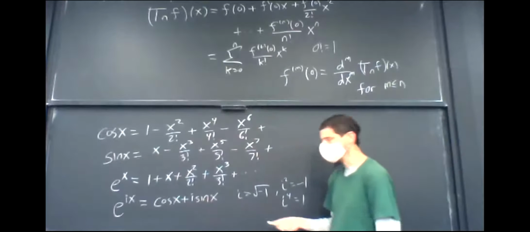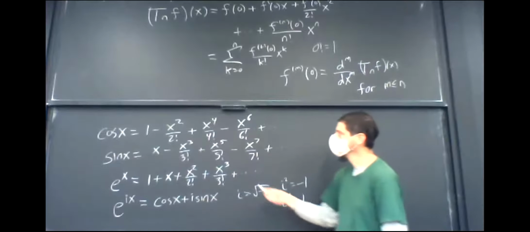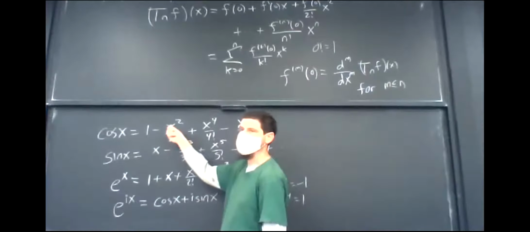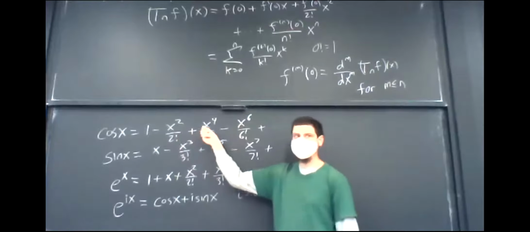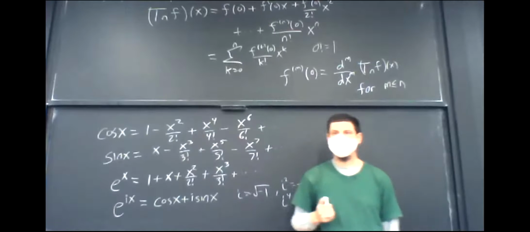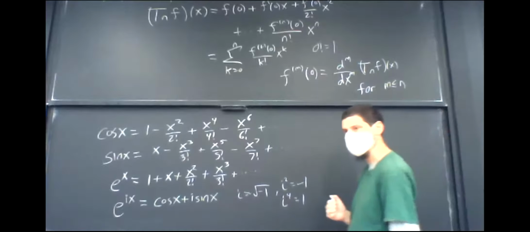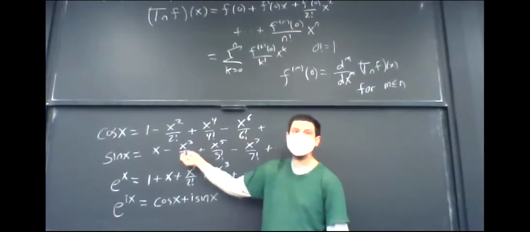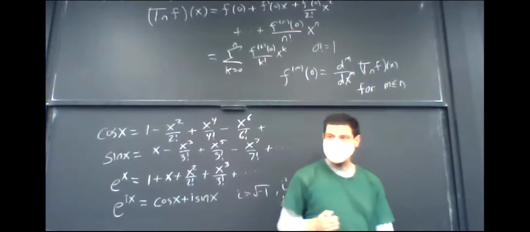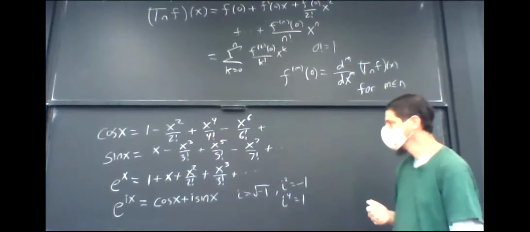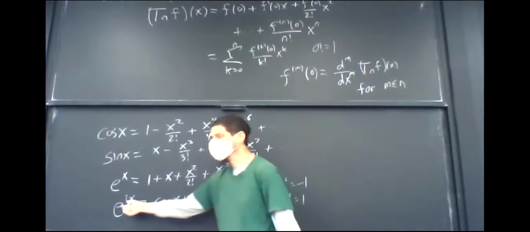When you look at the even terms, when I replace x with ix, we would have an ix squared. i squared is negative 1. ix to the 4th, i to the 4th is 1. So there's a beautiful relation between sines and cosines and the exponentials. This is where the angle addition formulas come from. The angle addition formulas are inherited from the exponential function.